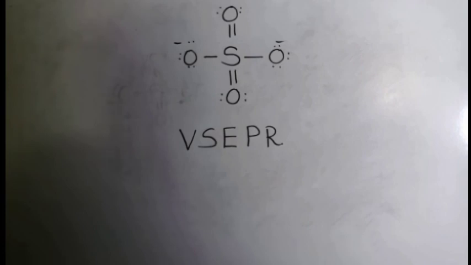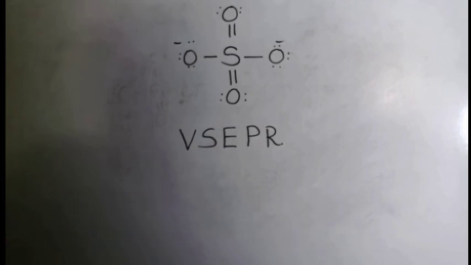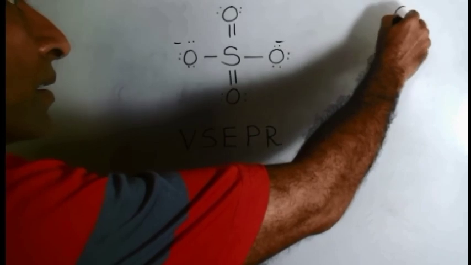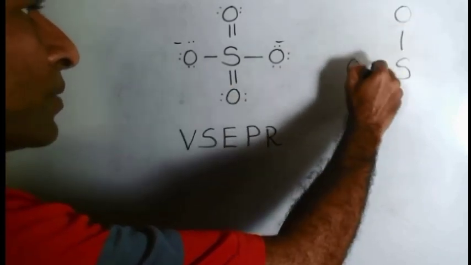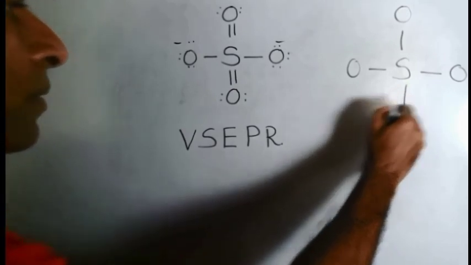According to this VSEPR model, we consider all of them as one repulsion unit. Whether it is a double bond or single bond, we consider them as one unit. So then we can understand there are four repulsion units around the sulfur atom.